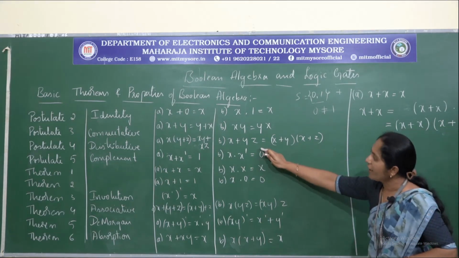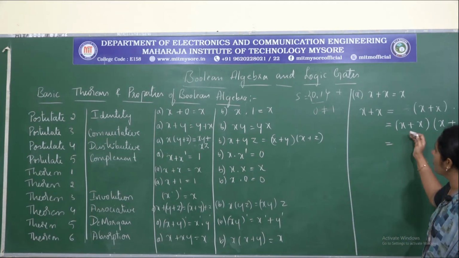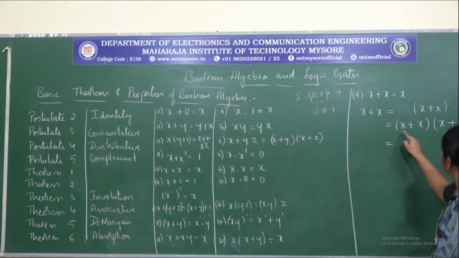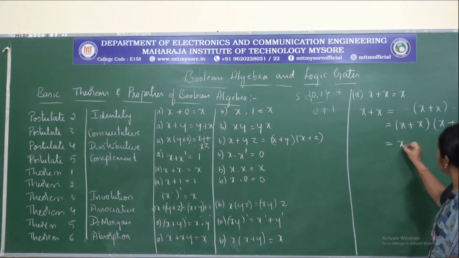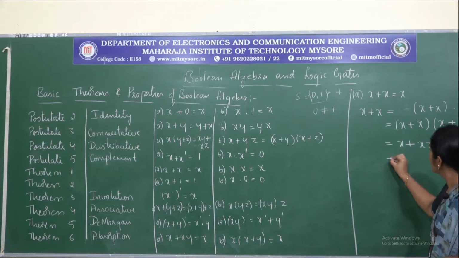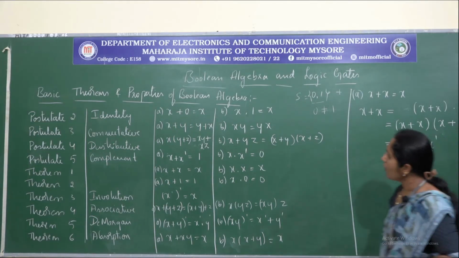Further, this can be combined. We have postulate 4b, which is the distributive law. From the distributive law, which is in the expanded form, we can write the compact form: x + (x · x'), with y replaced by x and z replaced by x'.